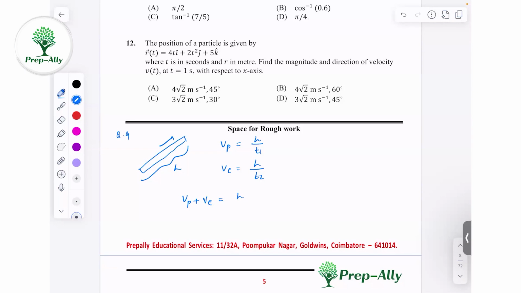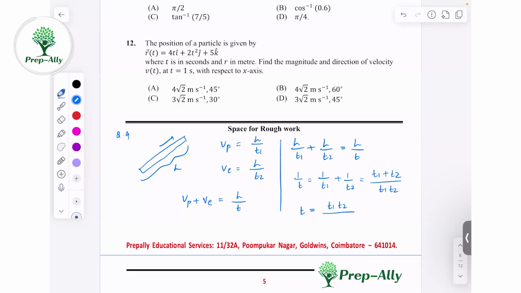Then we get L by T1 plus L by T2 is L by T. The L gets cancelled. We are left with 1 by T is 1 by T1 plus 1 by T2, which is (T1 plus T2) by T1 T2. So we get the total time taken for her to go up the moving escalator as T1 T2 by (T1 plus T2).